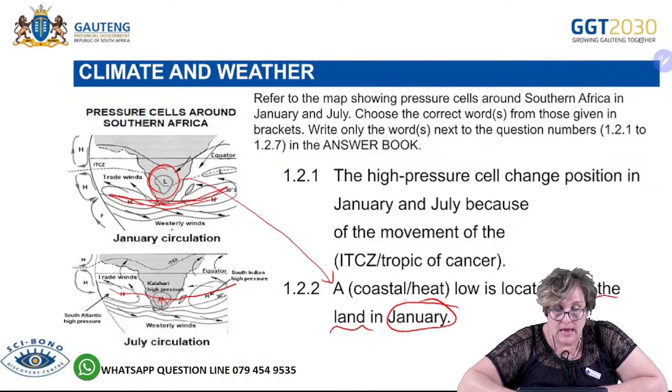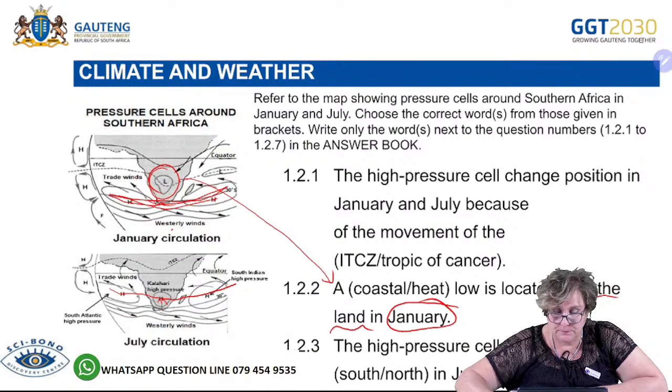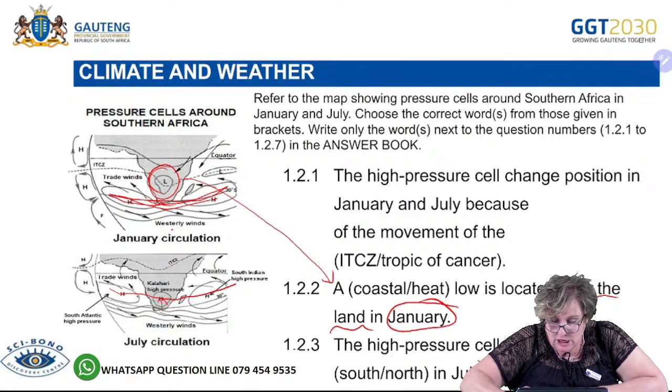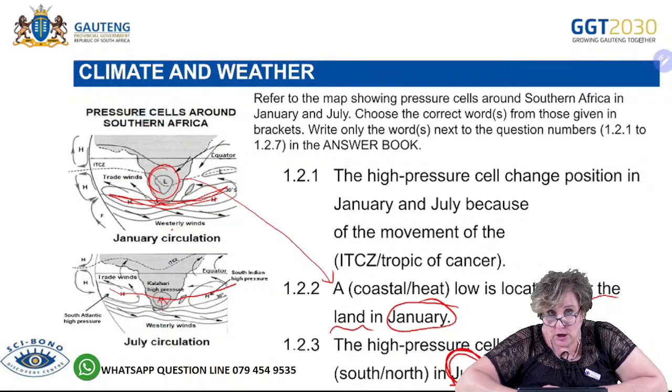Boys and girls, this is very, very clear what the answer is. But first, let's look at the first answer. Sorry, there's another one. The high pressure cells move more south or north in July. In July, that's your keywords. Let's look at the answers.